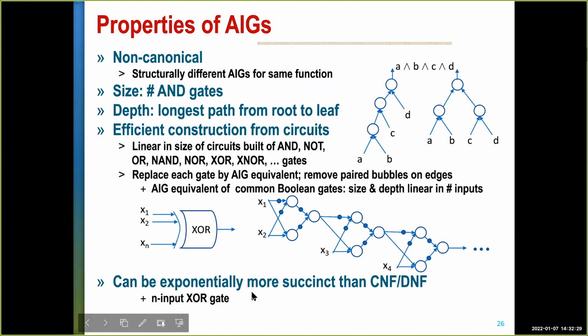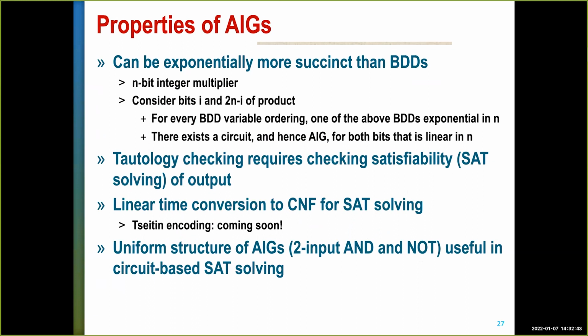So it can be exponentially more succinct than CNF or DNF. For example, for an n-input XOR gate, a CNF or DNF will be exponentially large, but this can be linear. And it can be exponentially more succinct than BDDs. For example, that specific case that we were talking about, the middle bit of an n-bit integer multiplier.